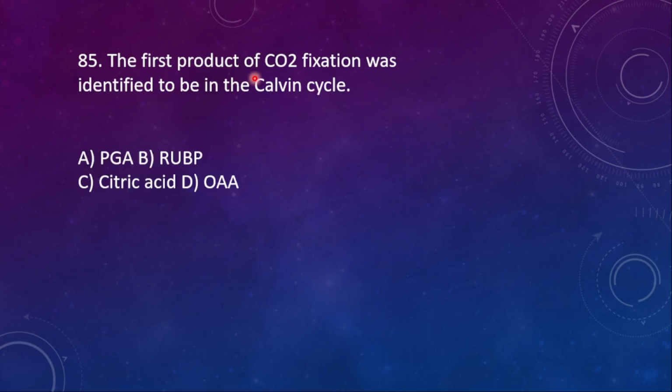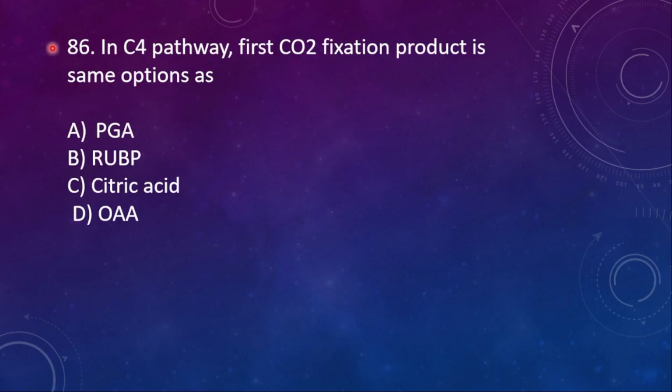85. The first product of CO2 fixation identified in the Calvin cycle is A, PGA. B, RuBP. C, citric acid. D, OAA. That is option A, PGA, phosphoglyceric acid. 86.